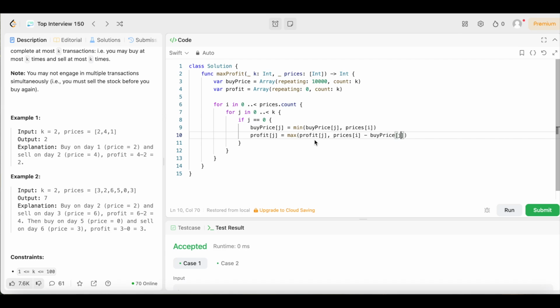And what this is going to do, once again, is return the maximum this time, whichever one is larger, this or this. Boom.